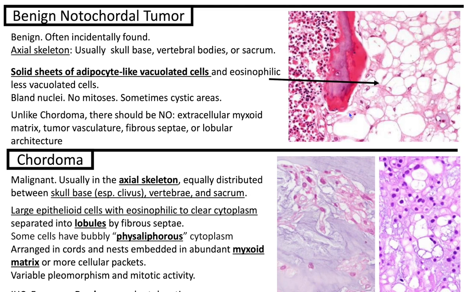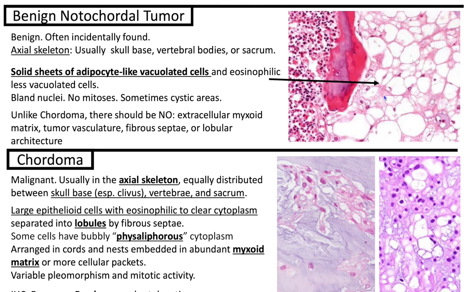They're incidentally found, they're on the axial skeleton, the skull base, vertebral bodies, or sacrum, and they're solid sheets of adipocyte-like vacuolated cells, as you can see here. And they have these bland nuclei, no mitoses, sometimes cystic areas, but unlike a chordoma, there should be no extracellular myxoid matrix, tumor vasculature, fibrous septae, or lobular architecture.